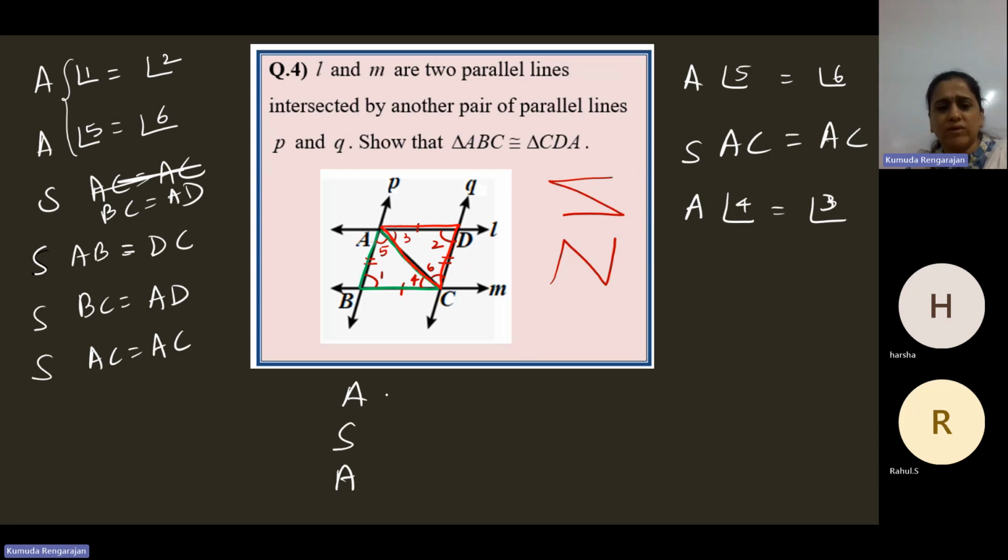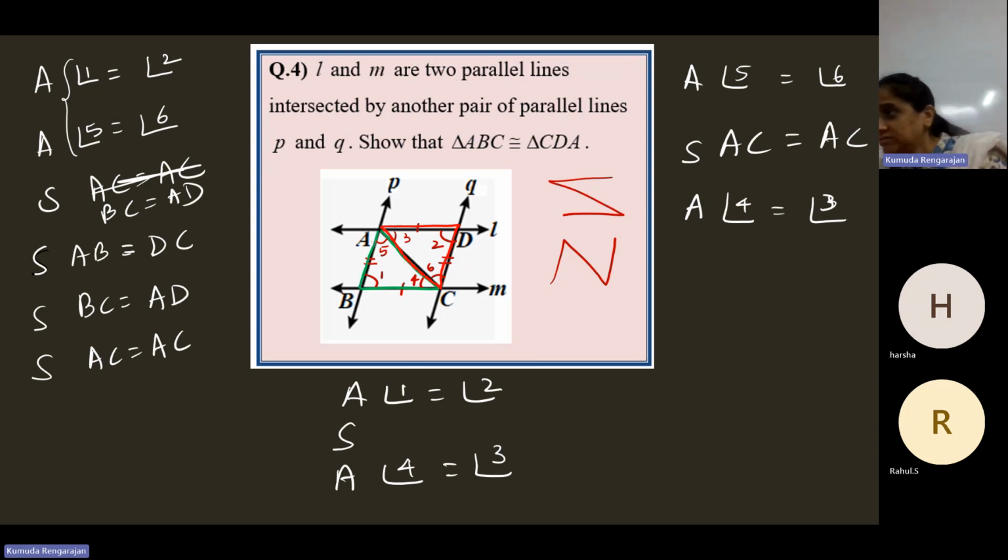Another way of writing ASA is to write any pair of equal angles. Say angle 1 is equal to angle 2, because opposite angles are equal in a parallelogram. And angle 4 is equal to angle 3, because alternate interior angles are equal.